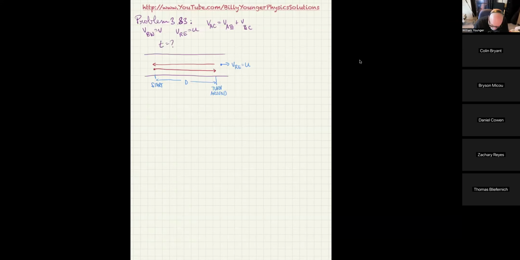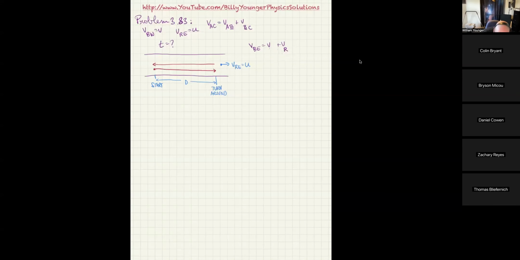Now, what I have to realize is the velocity of the boat with respect to the earth has got to equal the velocity of the boat with respect to the water plus the velocity of the water with respect to the earth. Excuse me, it should be river, not water. I'm trying to use the same subscripts as I did before.